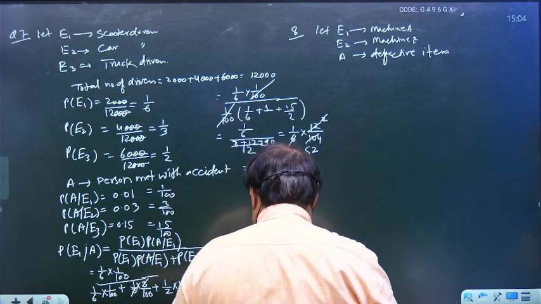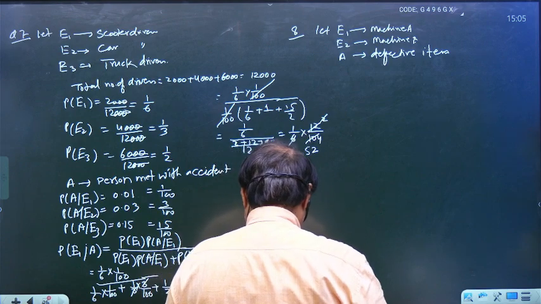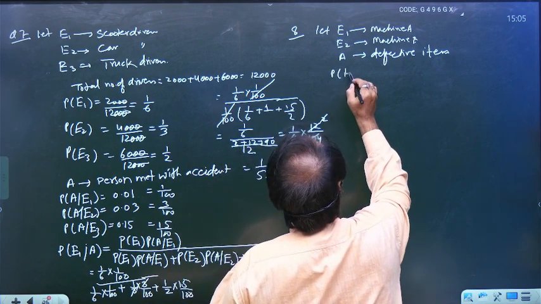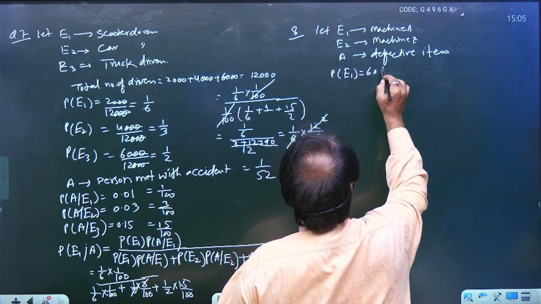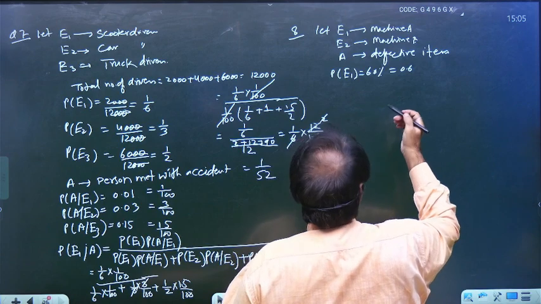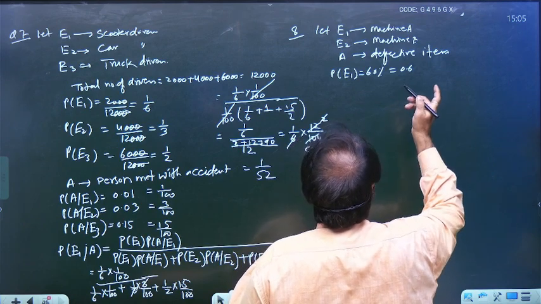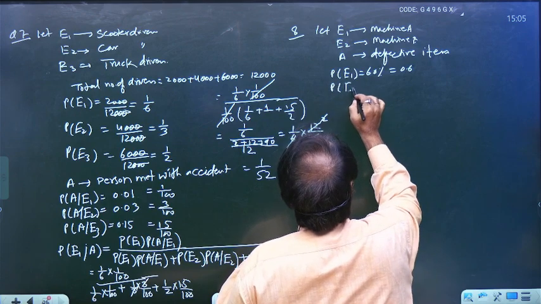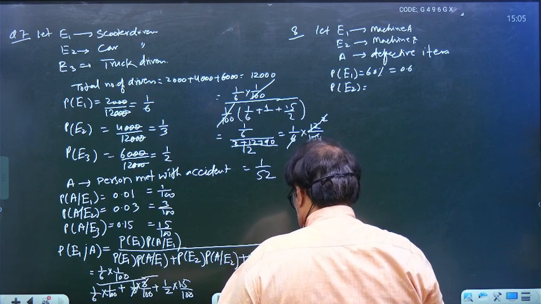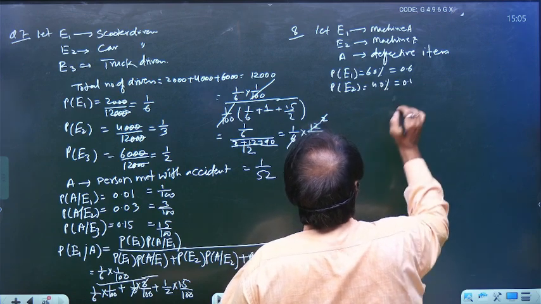So now find probability of E1. Probability of E1 is given 60%, so probability of E1 is 0.6, or we may write it in fraction as you like. And probability of E2 is 40%, so it should be 0.4.